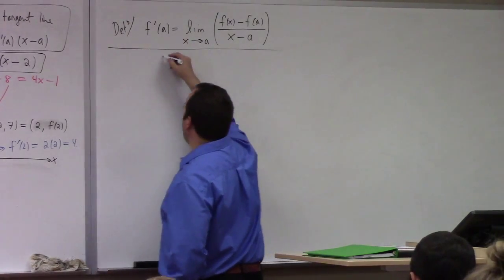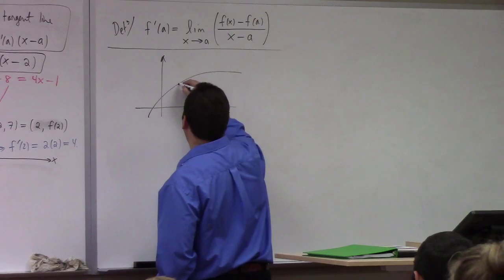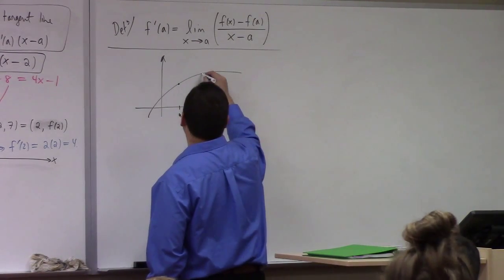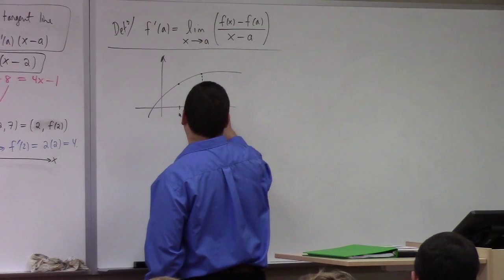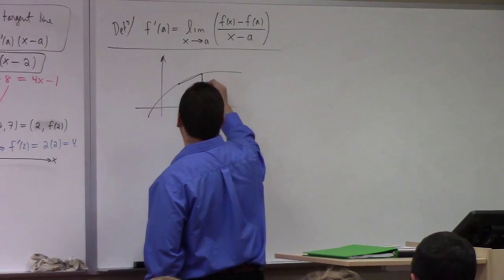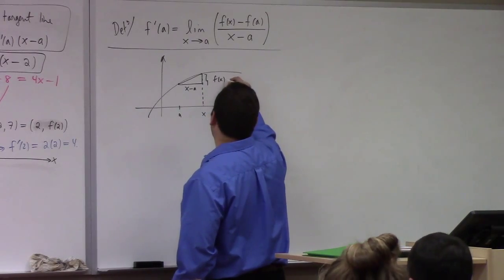And so that's basically based on this picture. Right? So if you look at the little triangle here, you've got x minus a, and this is f of x minus f of a.